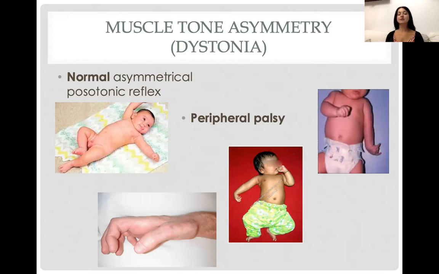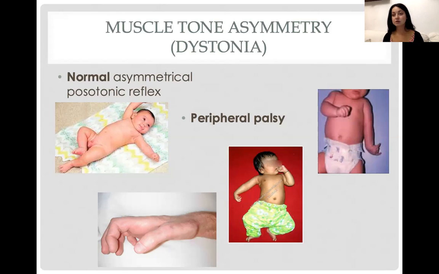But you remember, there is an asymmetrical tonic neck reflex, like in the picture. You can see when you move a child's head to the side, on this side the leg and arm are extended, and on the other side they stay flexed. But when you bring the child's head back to the medial position, you should have symmetry of tonus. It is a reflex.